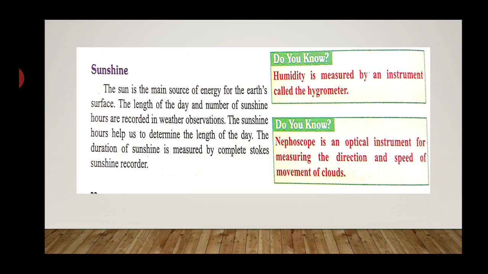The duration of sunshine is measured by complete strokes of sunshine recorded. The stronger the sunshine, the longer the day will be. In other words, the duration of sunshine is measured by complete strokes of sunshine recorded. It means the more sunshine there is on the surface of the earth for a longer duration of time, the longer the day would be.